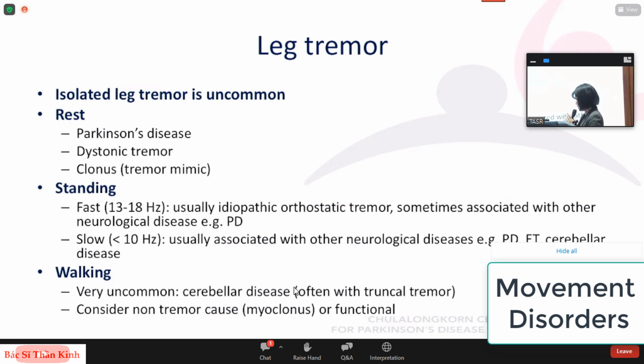And for the walking tremor, it's quite uncommon. Maybe some with cerebellar disease, often with truncal dystonia, and sometimes the walking tremor should be considered for a non-tremor cause like myoclonus or functional movement disorder.